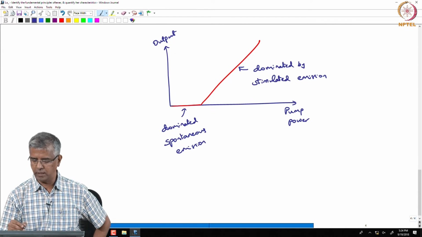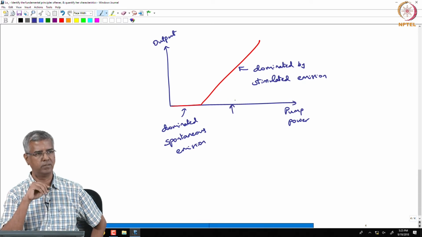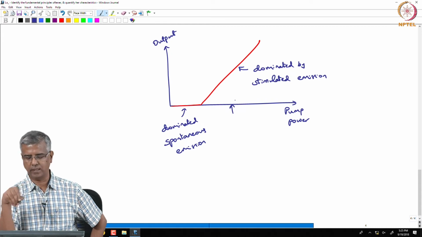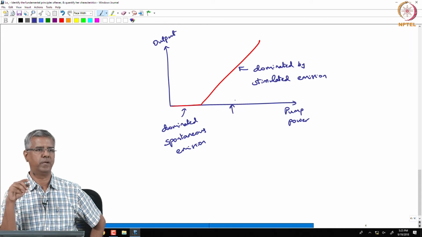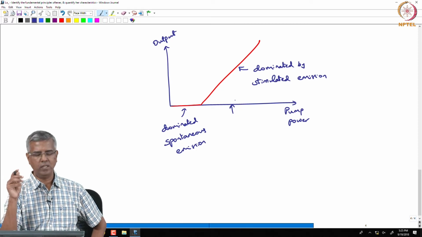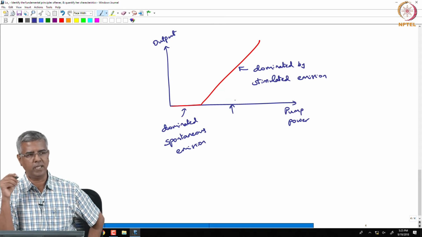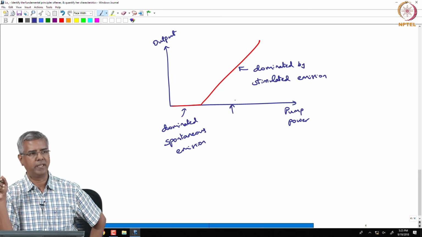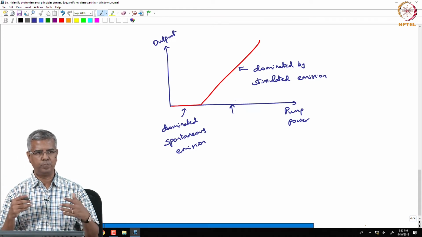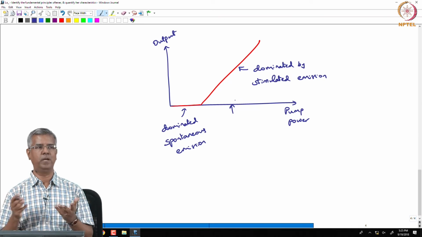So, the relaxation oscillations that we are showing is, suppose I am turning on at this much pump power, and this is actually showing that it is above the threshold, right. So, it is above the threshold condition as far as your gain is concerned, but still from the perspective of photons, the photons have to build up.